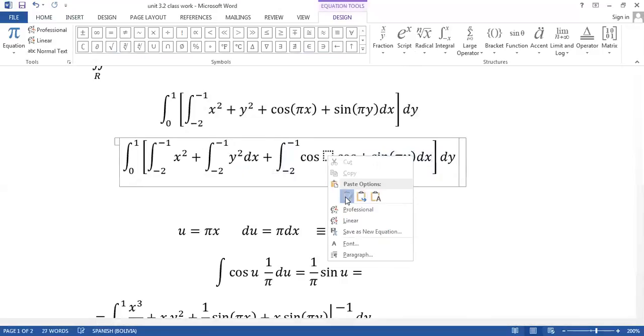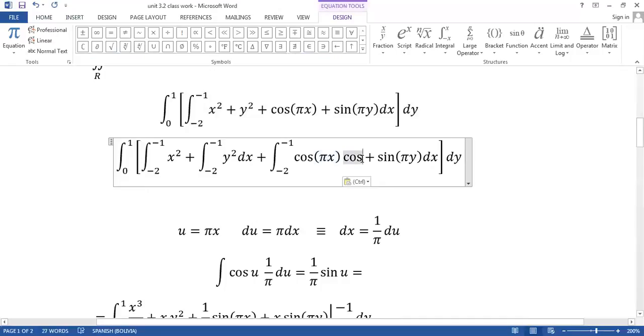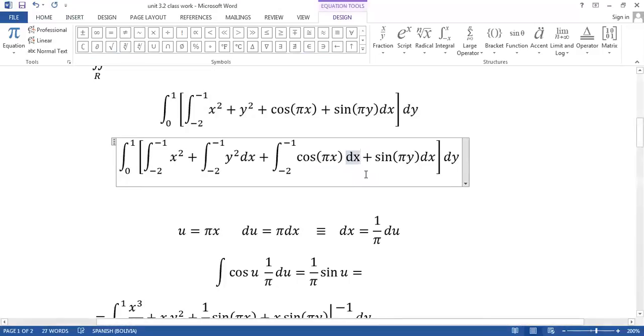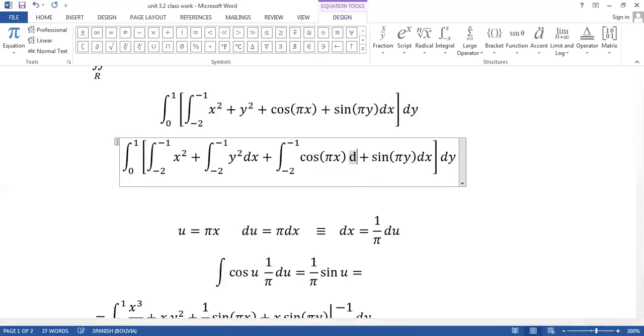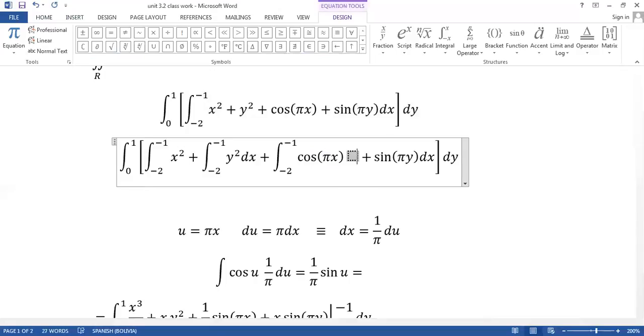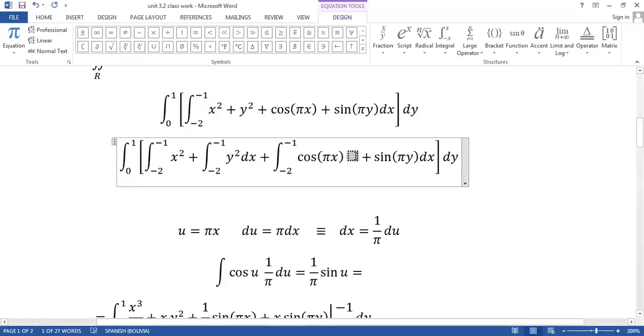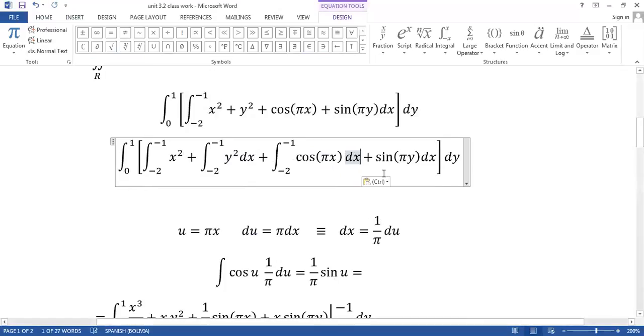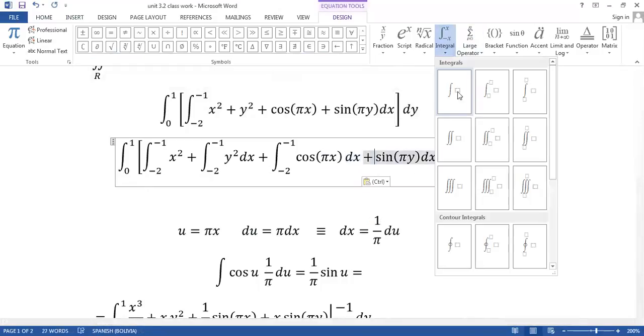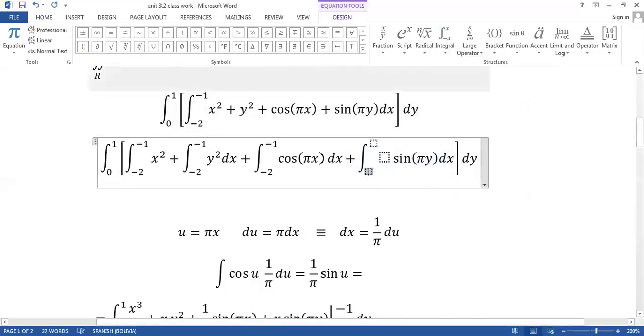And this is dx. And what I need now is an integral sign here.